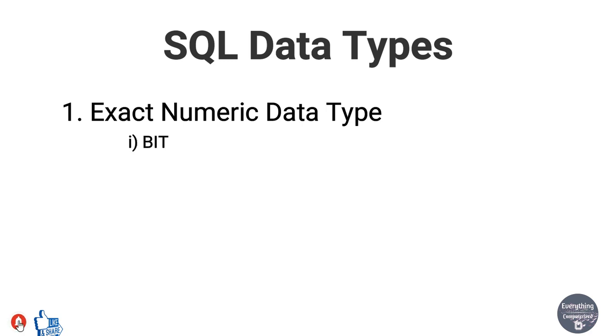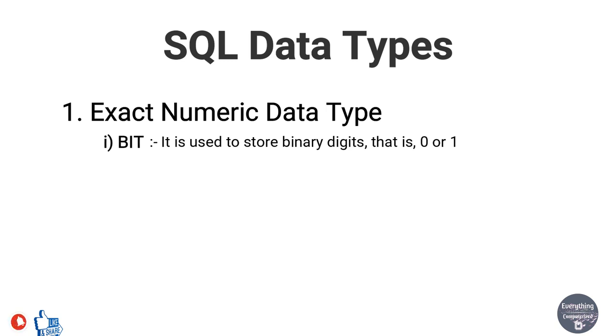First data type is bit. It can store a binary digit, that is 0 or 1. The next data type is tiny int. It can store values between 0 and 255. So if a value is less than 0 or if it is greater than 255, it will not be accepted.